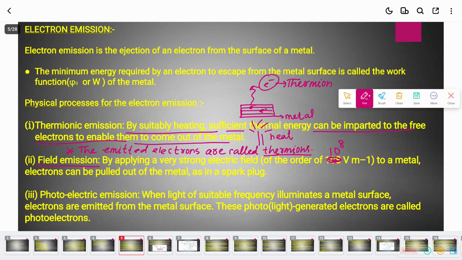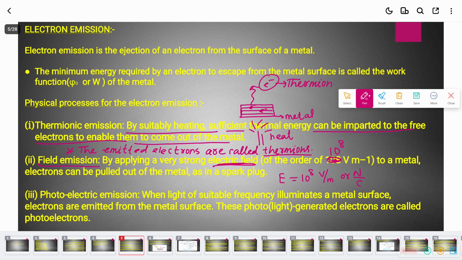Because it is the SI unit of electric field. So the electric field value should be 10 to the power 8 volt per meter or Newton per Coulomb, because electric field is basically potential by distance.